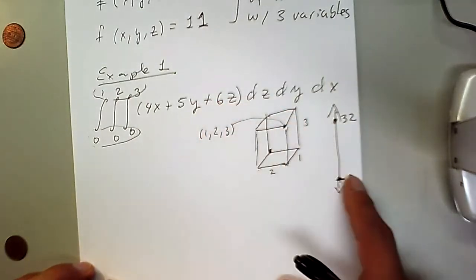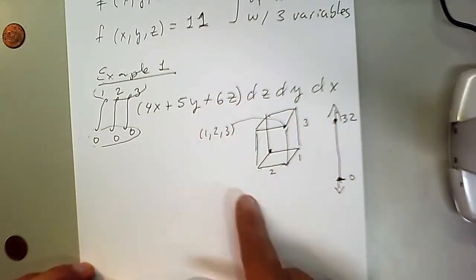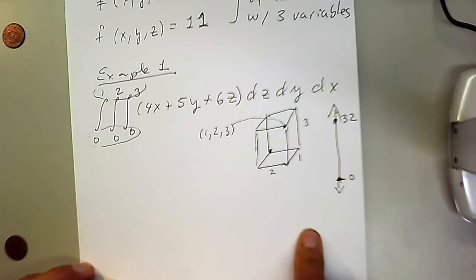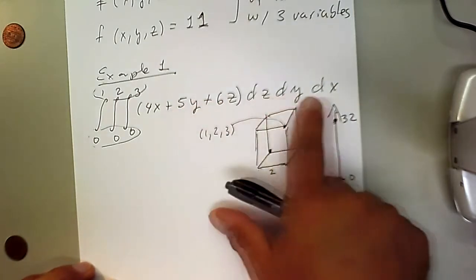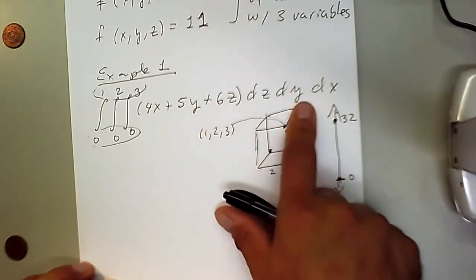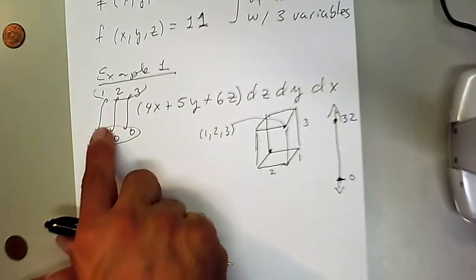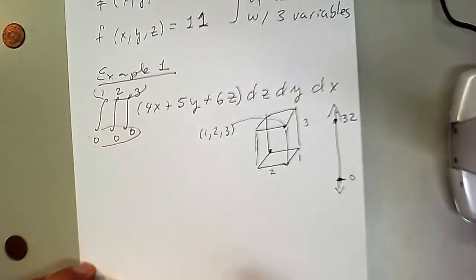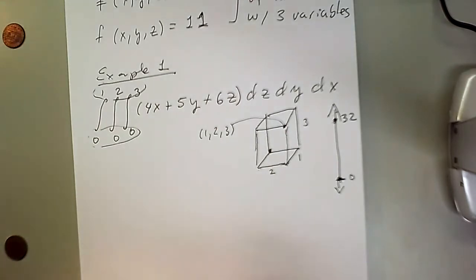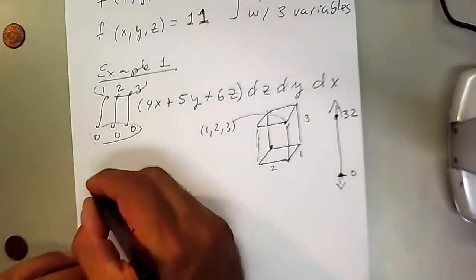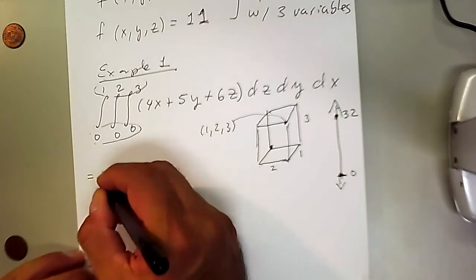We're going to get to the same final answer, but we have to take different paths to get to that answer if we change the order of integration. And as I have mentioned earlier, we also have to change the order of the integrals. So let's go ahead with this computation.